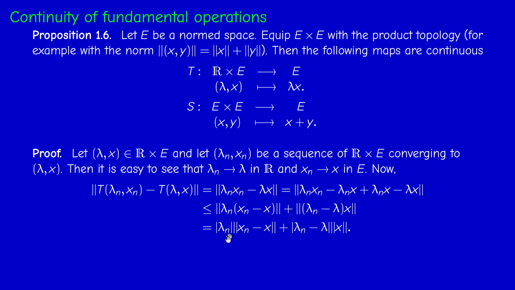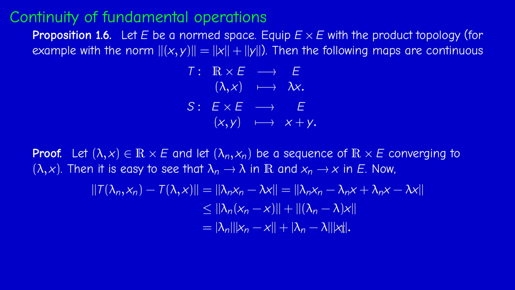Now if you consider the first term, x_n minus x in norm converges to 0 because x_n converges to x in E. And lambda_n minus lambda converges to 0 because lambda_n converges to lambda. Now, what about the term lambda_n? This term is bounded because the sequence is convergent. So I'm multiplying something that tends to 0 by something which is bounded, so this term tends to 0.